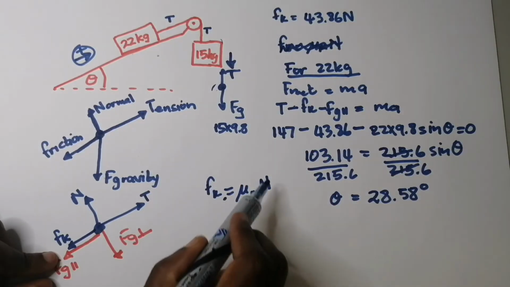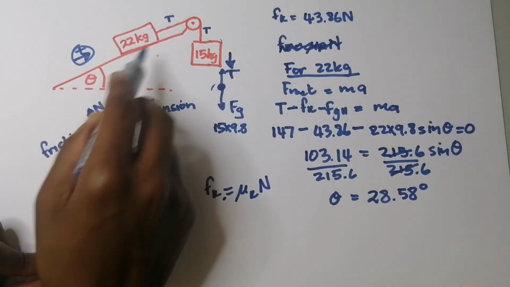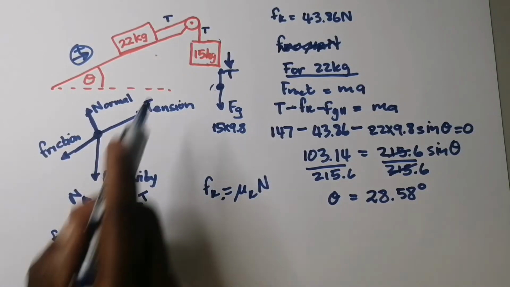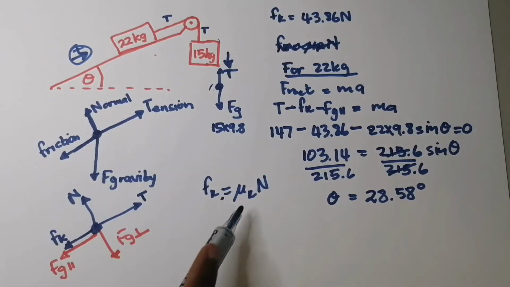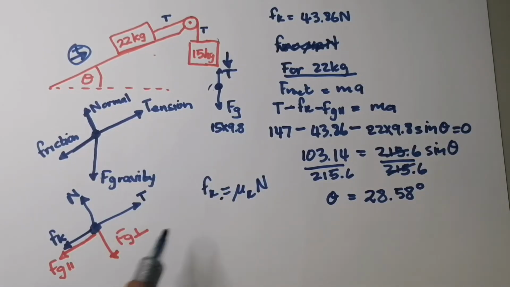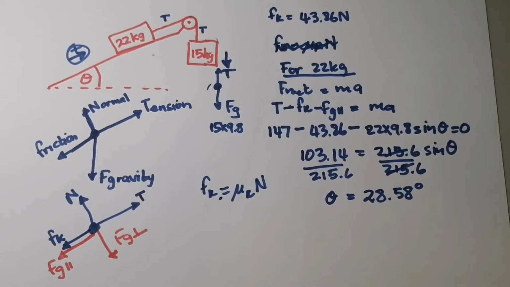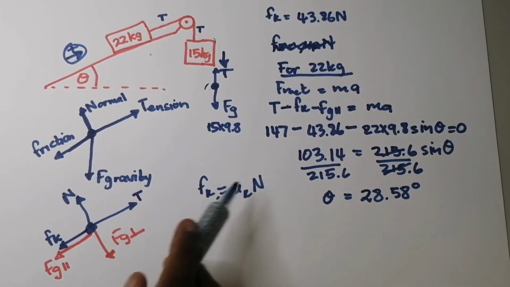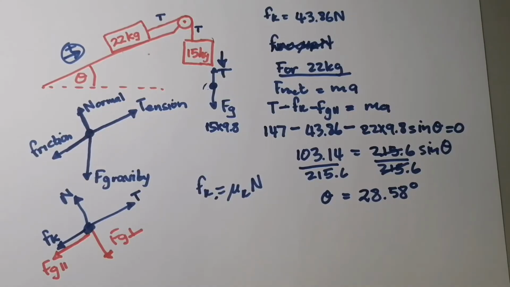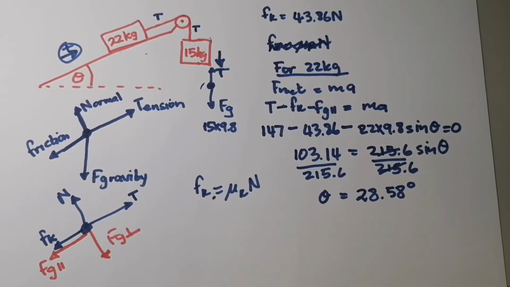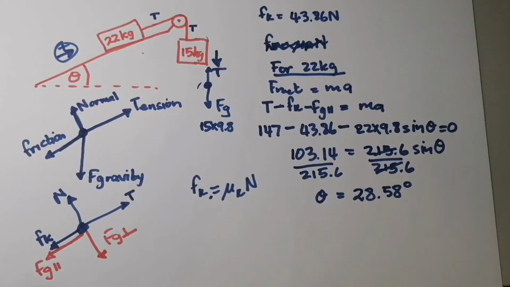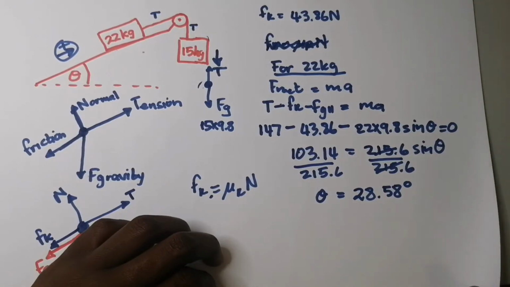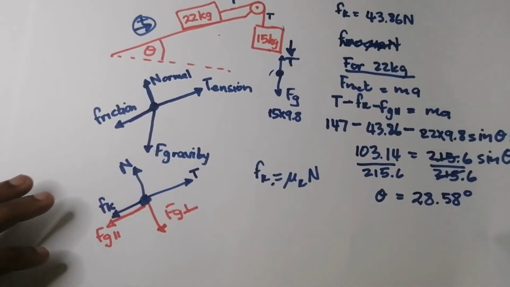It's dependent on the normal force, which in this case, the mass of the object doesn't change, so the normal force doesn't change, and also the coefficient of friction, which is in a sense the roughness of the surface, right? So in this case, we say that those would remain constant, so therefore friction would remain constant. Okay, right, now they change something about this question. All right, and I'm going to just do that in the next section.